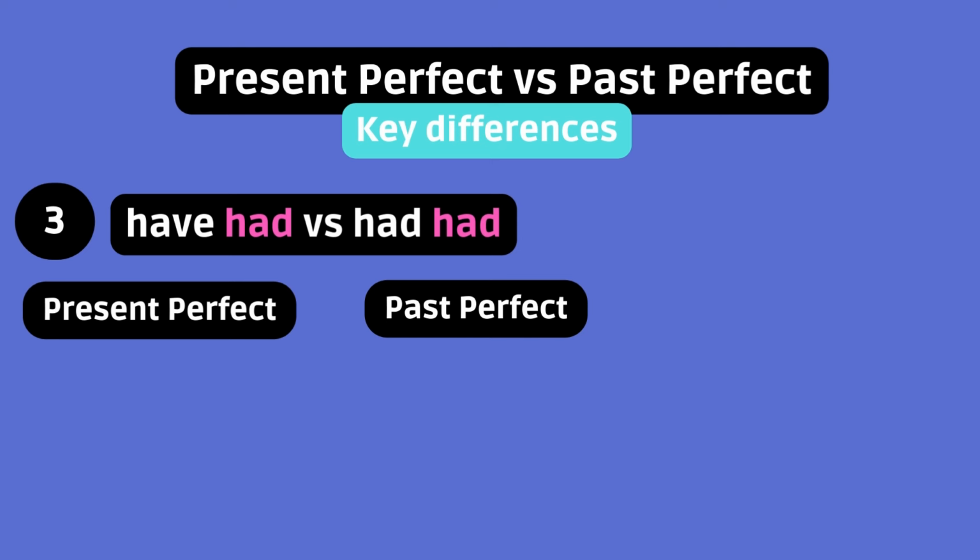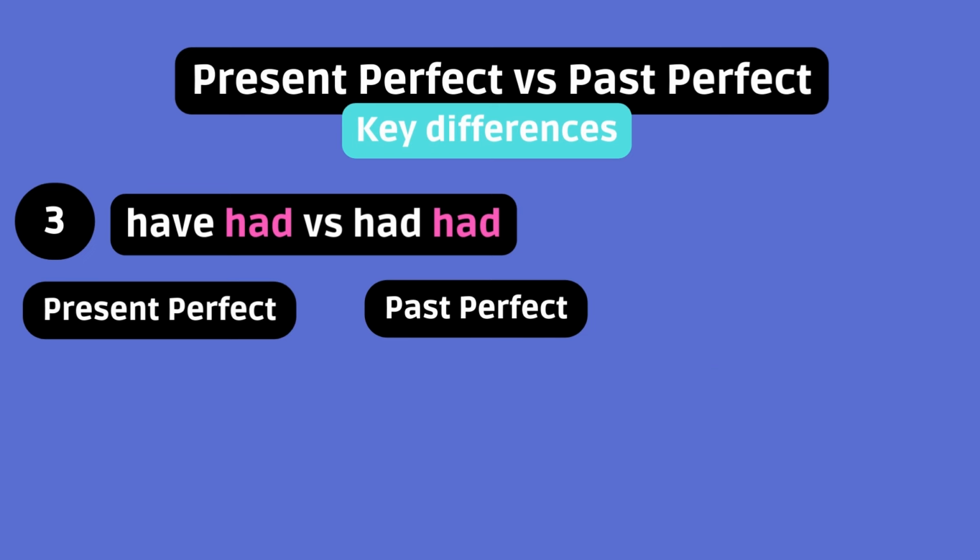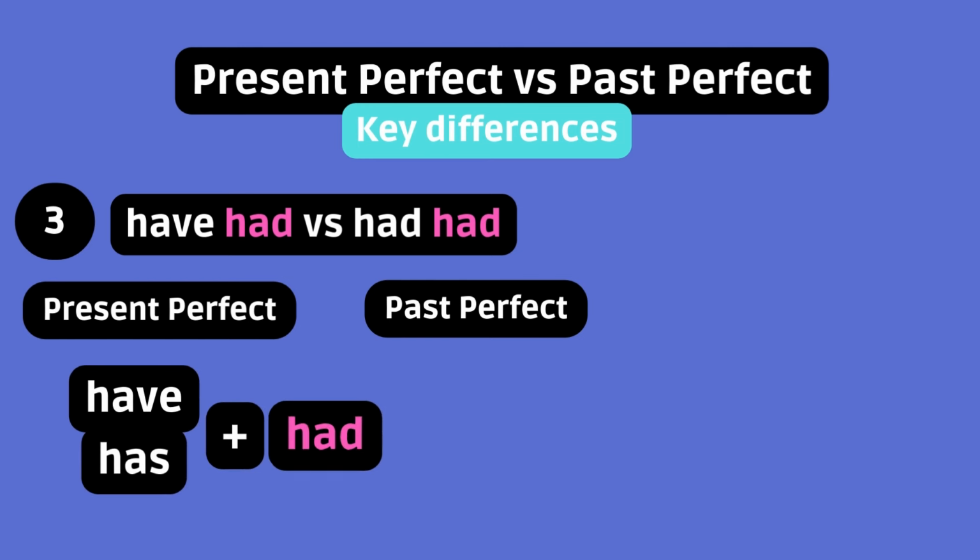The second one is always had, since that's the past participle, or V3 form, of the verb have. Then, when using the present perfect, your auxiliary is in the present, so have or has. When using the past perfect, your auxiliary is in the past, so had.